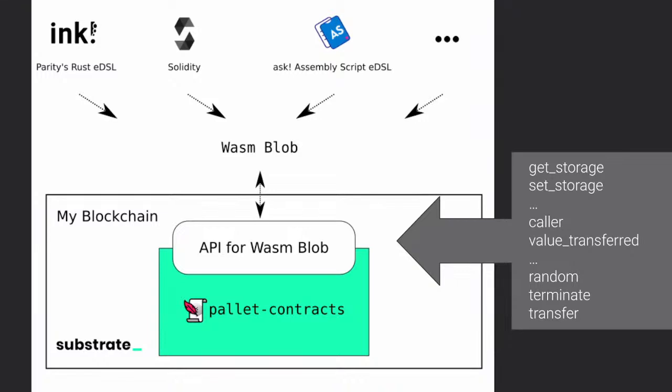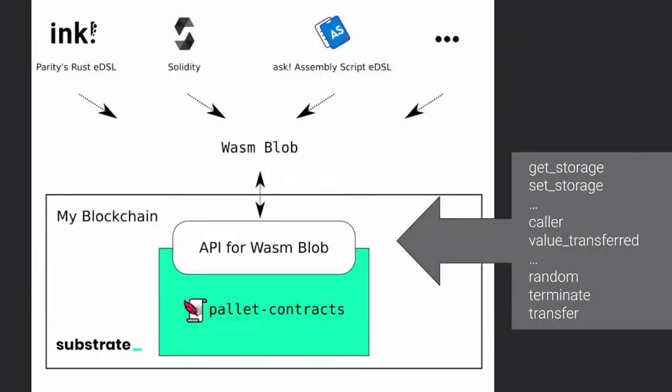So there is ask, which is an AssemblyScript EDSL, which was already built for this purpose. And indeed, you can also compile Solidity to WebAssembly. There exists a Solang compiler which allows you to do this.